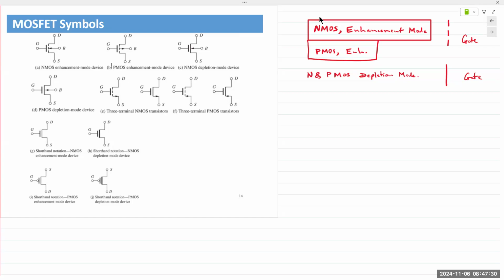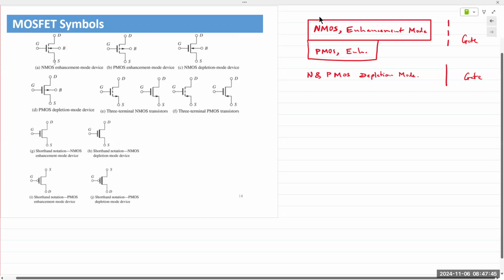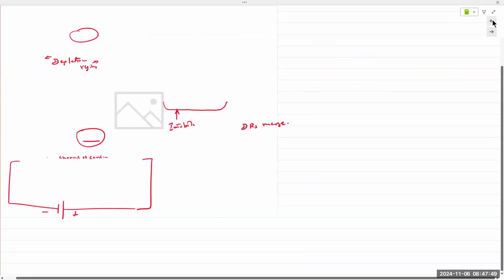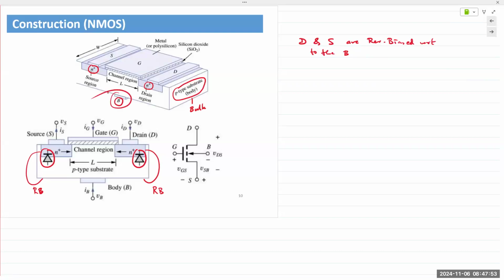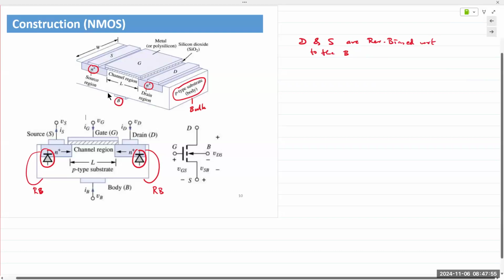Yes, you had a question. Which one? Oh, this one, the terminal, the body, the bulk or the substrate. Yeah, so remember in the basic construction here, the body of the device.